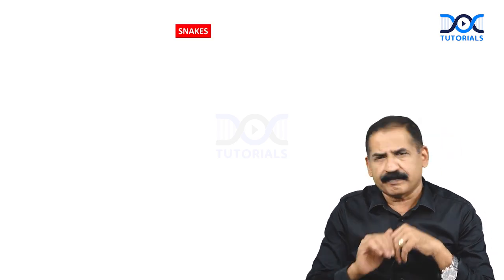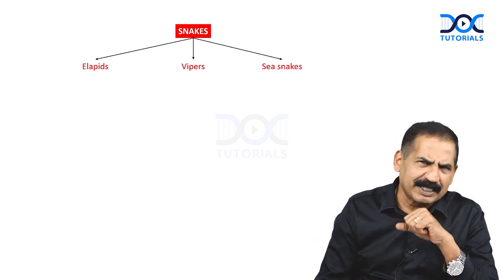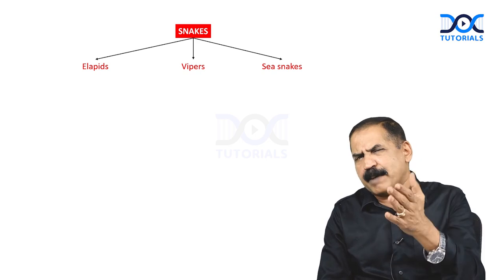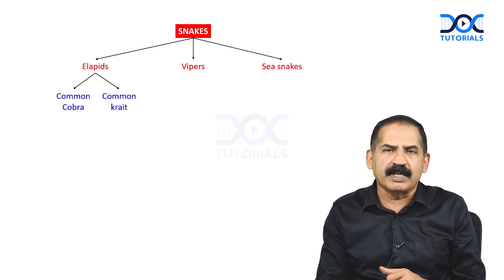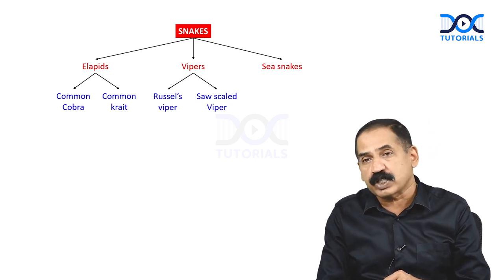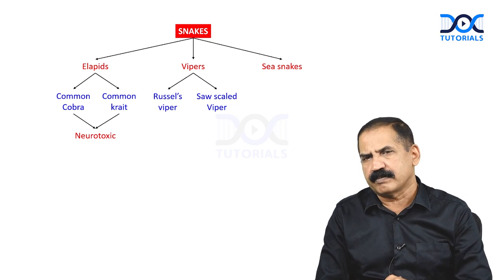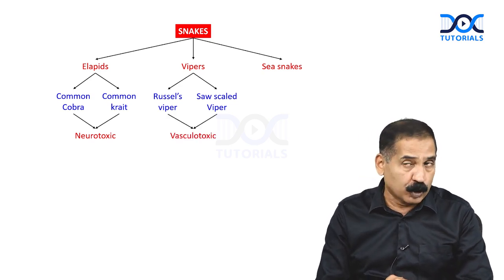Let me explain. Snakes in India, generally we divide under 3 headings: elapids, vipers and sea snakes. Elapid examples are common cobra and common krait. Vipers: Russell's viper and saw-scaled viper. Elapids are always neurotoxic. Vipers are always hemotoxic or vasculotoxic.